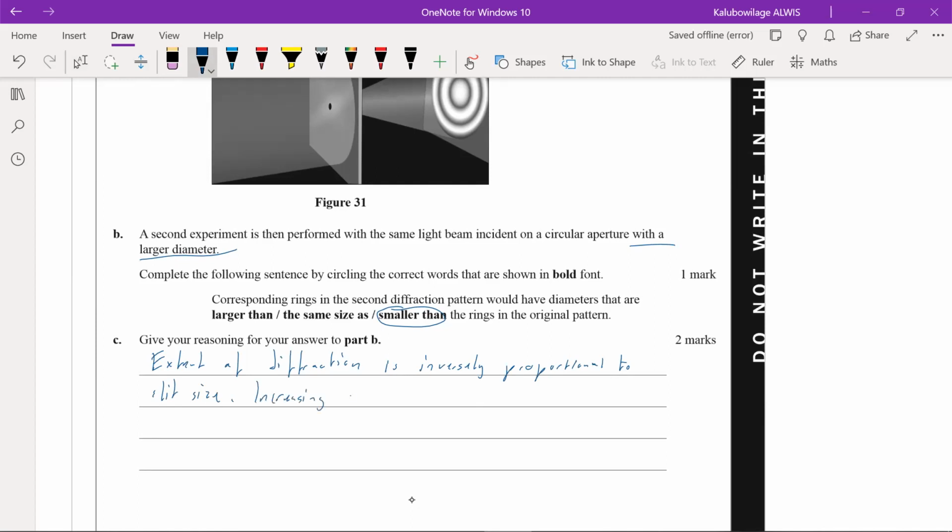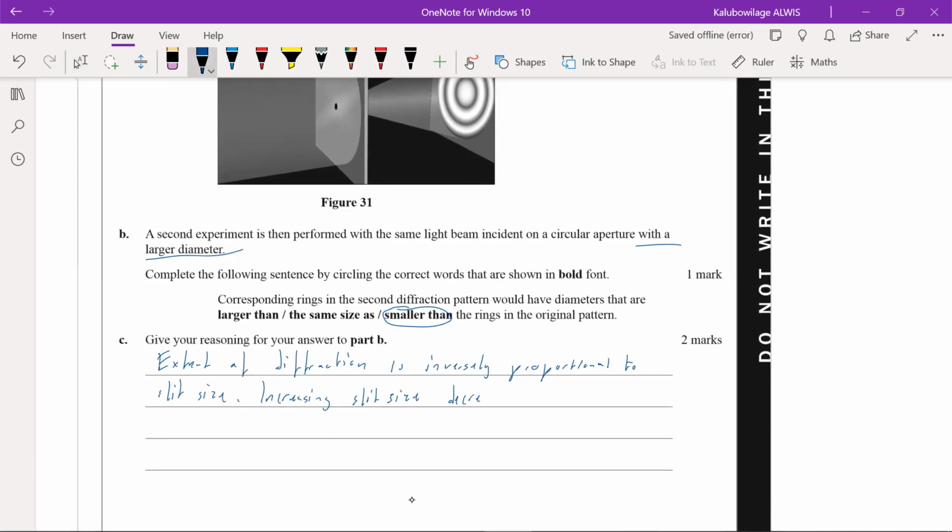Increasing slit size decreases the extent, or you can say spread. Spread is proportional to lambda over slit size.